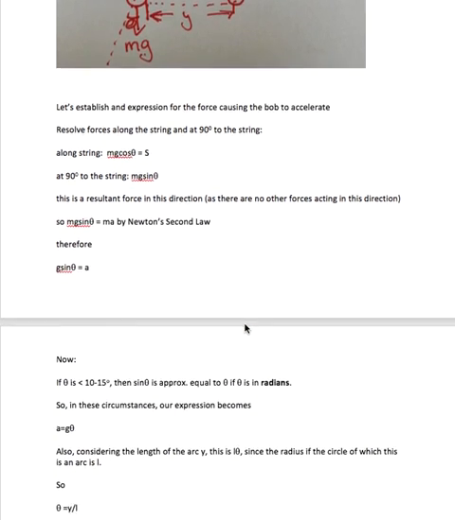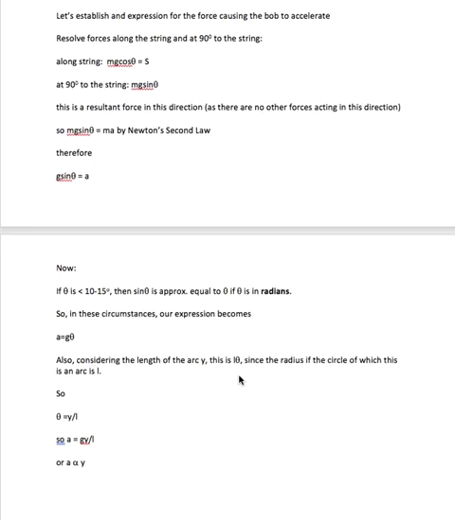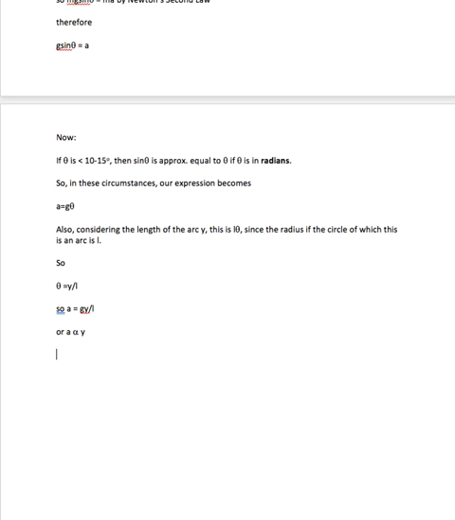So we have a is minus some constant times y, which of course is our definition of simple harmonic motion. So here we have demonstrated, proven, that as long as the angle is small, then the bob will perform simple harmonic motion.